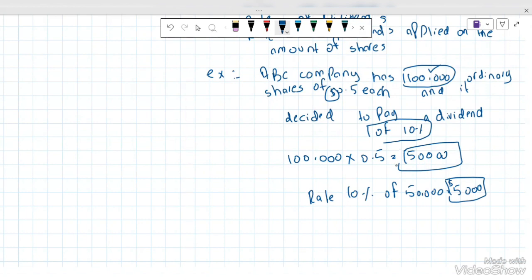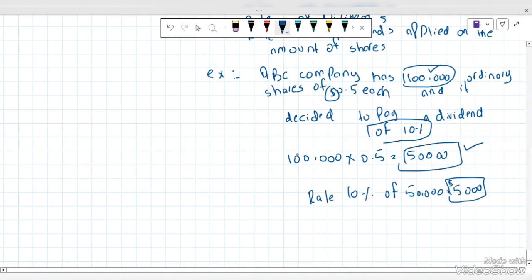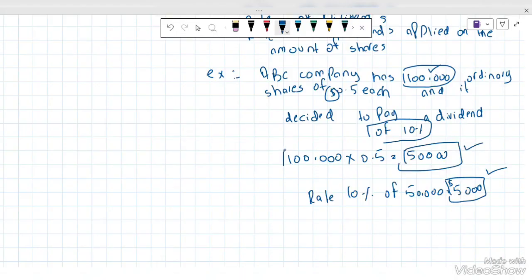So this is the amount a company will get from us, and this is the amount the company will pay us. Because they are issuing this number of shares, and the value of each and every share is 0.5.